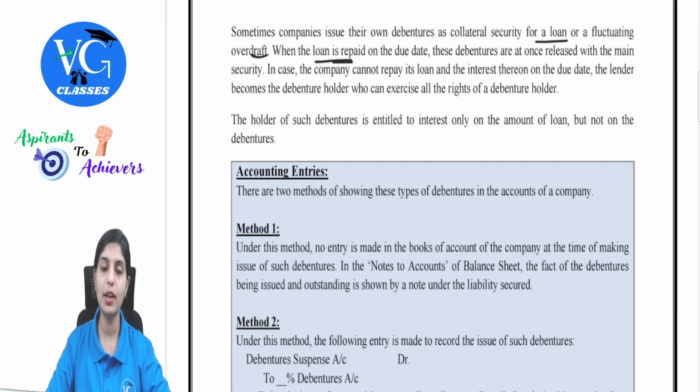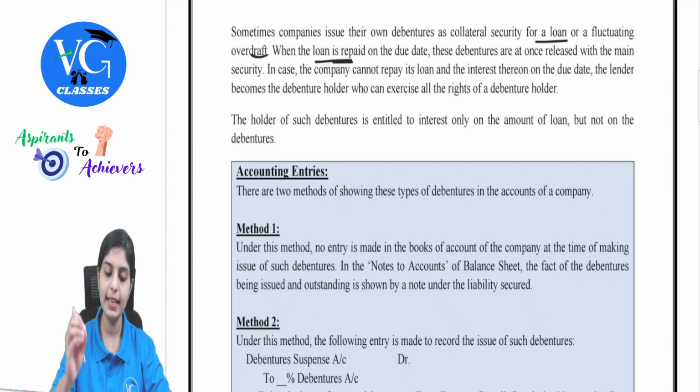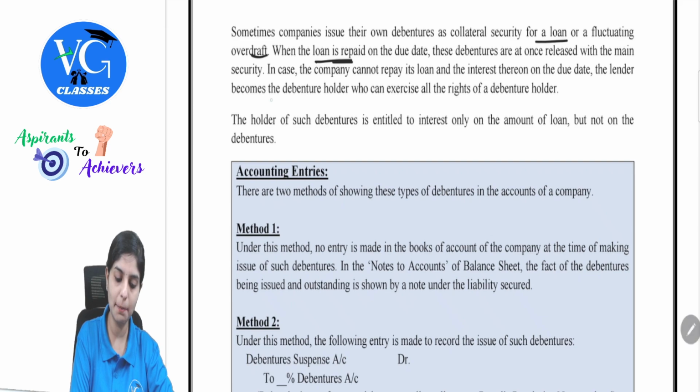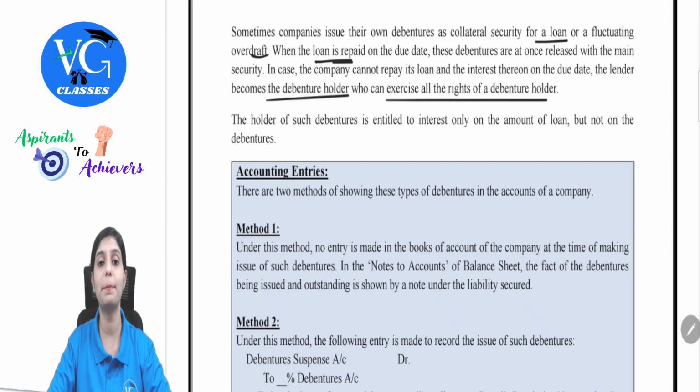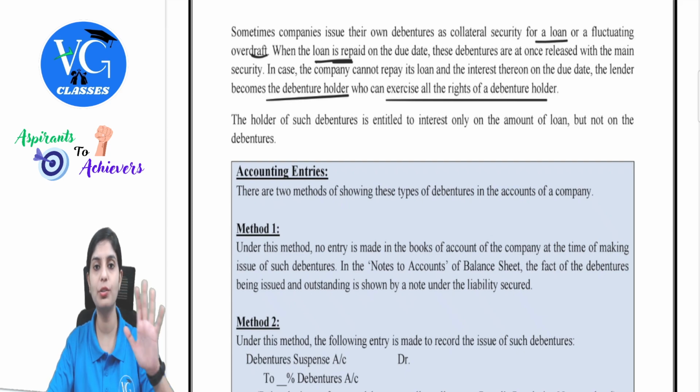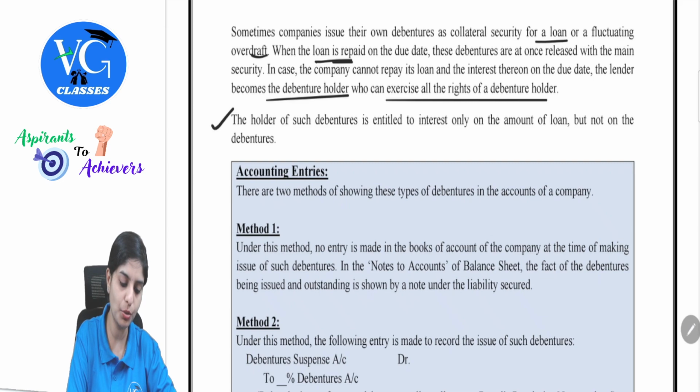In case the company cannot repay its loan and the interest thereon, the lender becomes, that's what I told, the debenture holder who can exercise all the rights of a debenture holder, because ultimately he will be representing as a debenture holder. The holder of such debentures is entitled to interest only on the amount of loan but not on the debentures. This is an important point to observe.